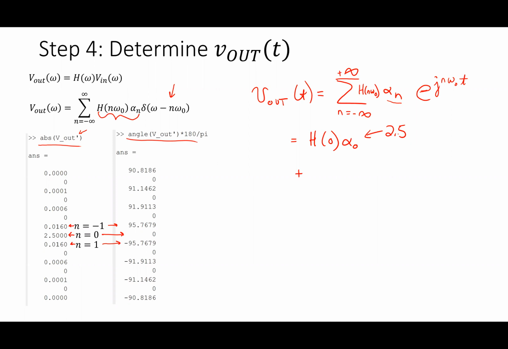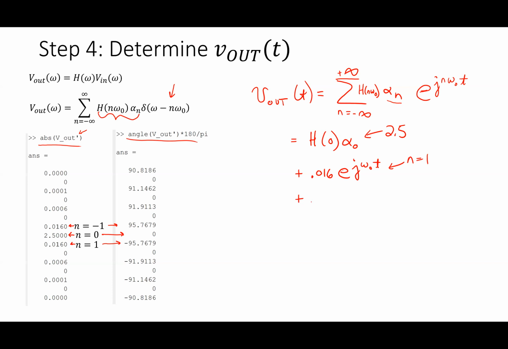Now let's look at the terms at n equals 1 and n equals negative 1. At n equals 1, I have 0.016 times e to the j omega naught t. This is the n equals 1 term.